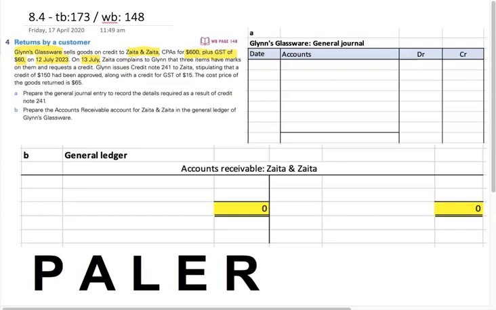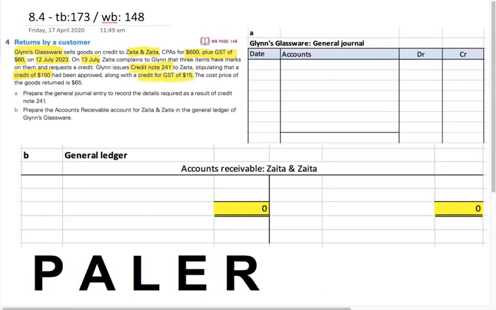Remember, the source document always comes from the business that receives the damaged goods. We have issued a credit note, and we have a number here, stipulating that a credit of $150 has been approved, along with a credit for $15 of GST.